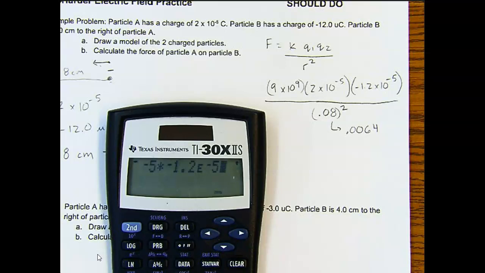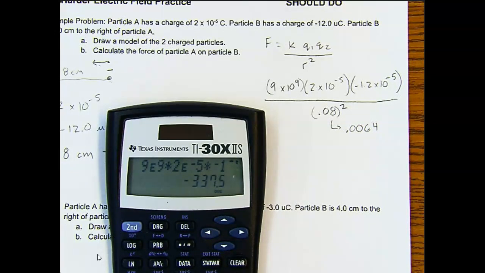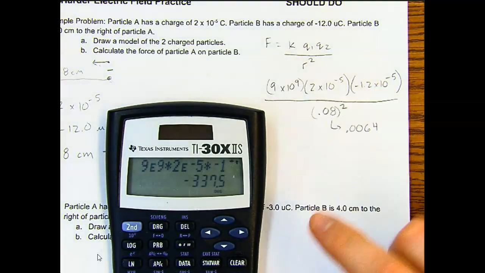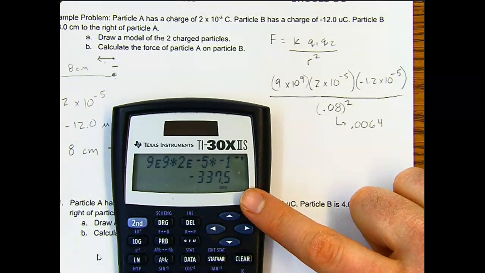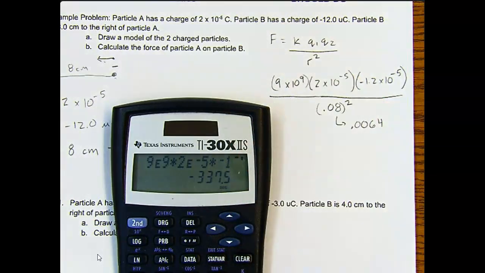And then we need to do this divided by, that might not work. Let's see what happens. Actually, it did. Perfect. It looks like it did all of our exponents first, and then it did the division last, which is the usual order of operations. So we get this final number of negative 337.5, and that is the force that these charges feel.